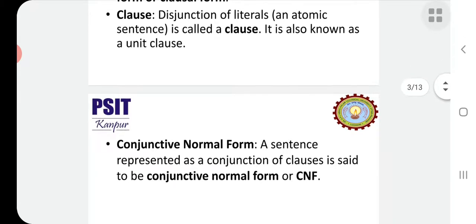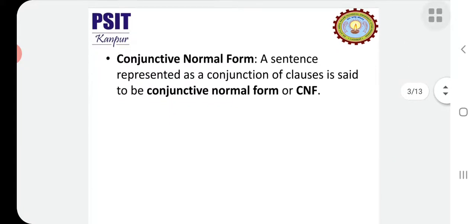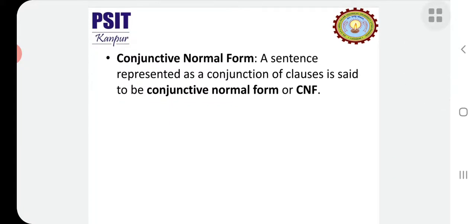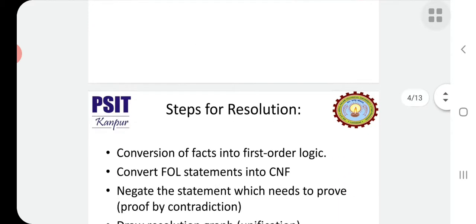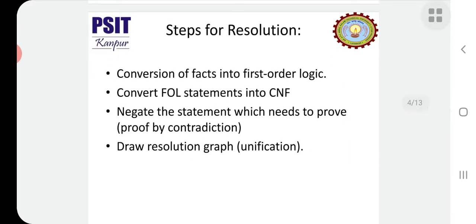Now, conjunctive normal form is a sentence represented as a conjunction of clauses. So now I'm going to discuss the steps for resolution. What are the steps involved when you are using resolution?